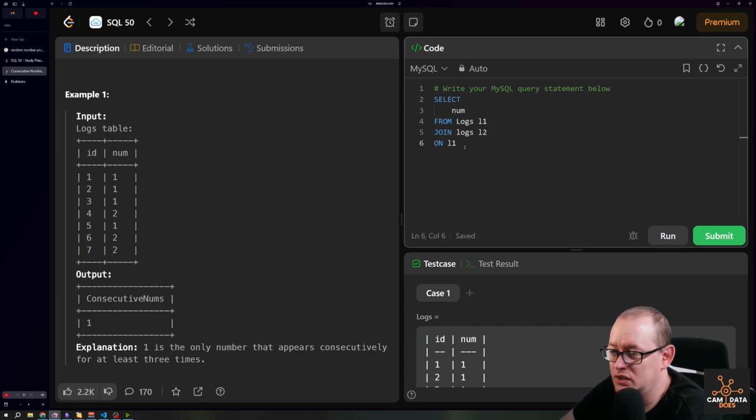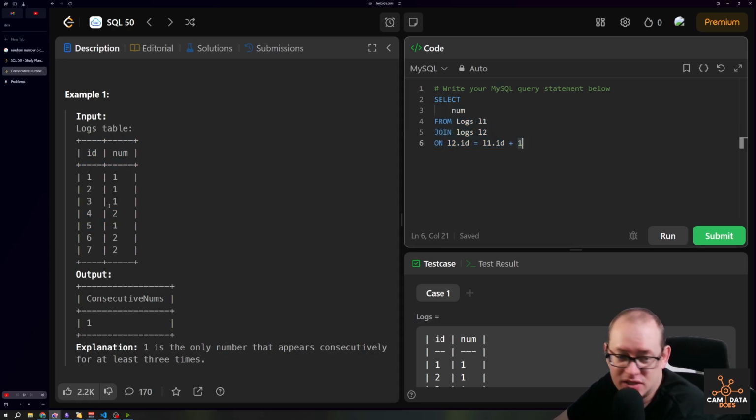on L2.id equals L1.id plus 1. So this will join these two. It'll join itself. It's called a self join. That's one of the joins you might have to use for when you do something like this.